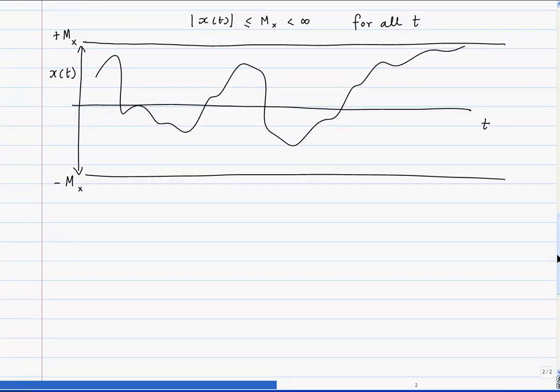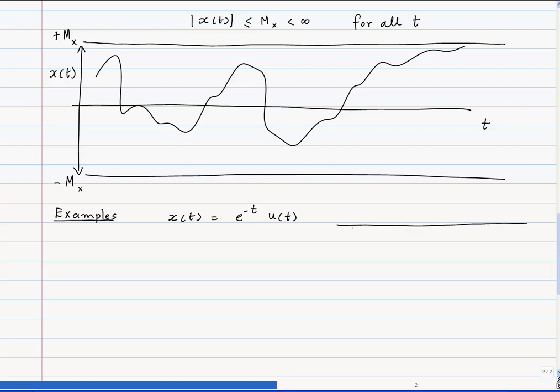Here are a couple of examples of signals that are bounded. Suppose I have the signal e to the minus t times u of t. What is this signal?